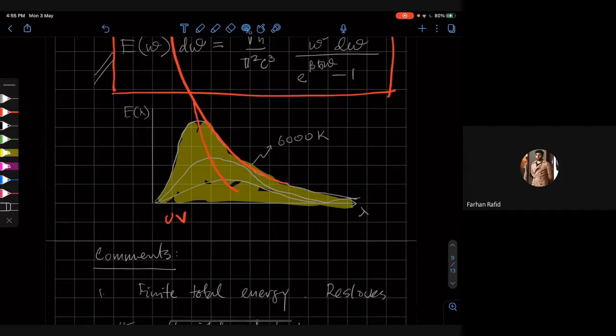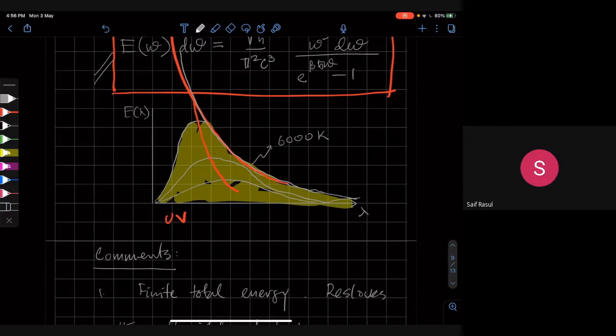The ultraviolet catastrophe would follow this curve, but then it would go up like this. Okay, that's the classical analysis.